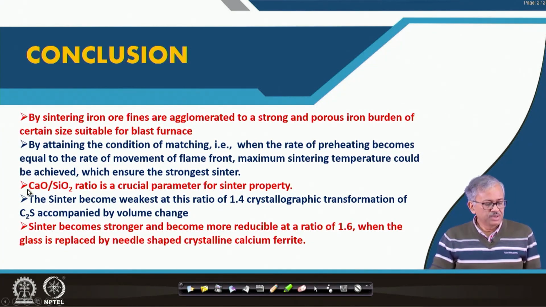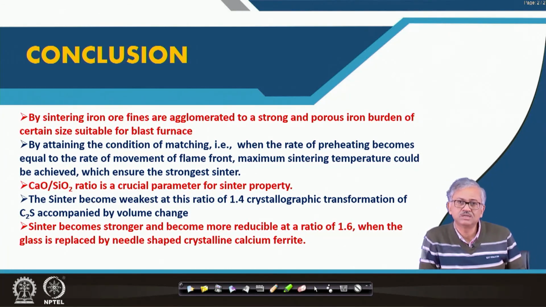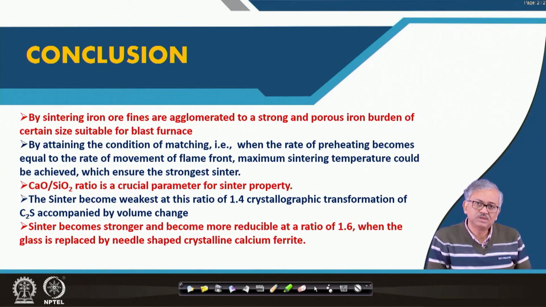And from mineralogy, the CaO to SiO2 ratio is a crucial parameter for sinter property, as I said, because acid sinter is stronger but less reducible. But as you make the basic sinter, its strength decreases because of glass formation, but its reducibility increases. Its strength becomes minimum at a CaO to SiO2 ratio of 1.4.